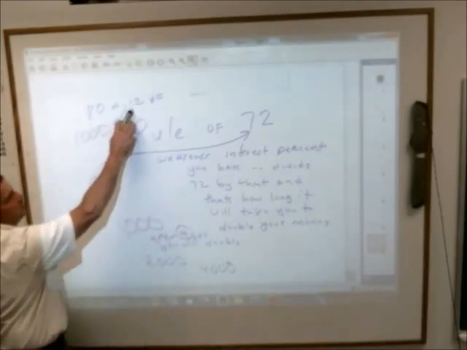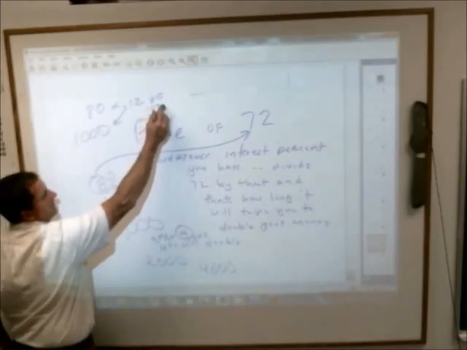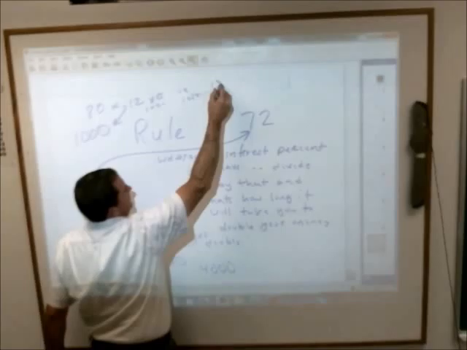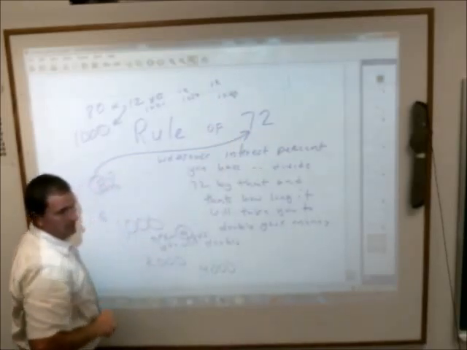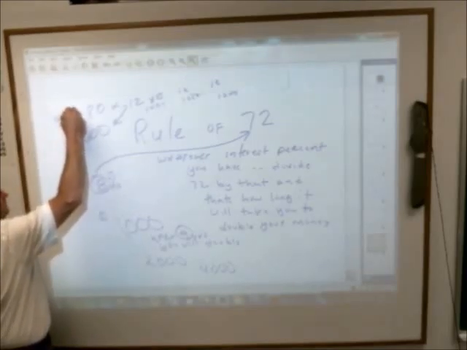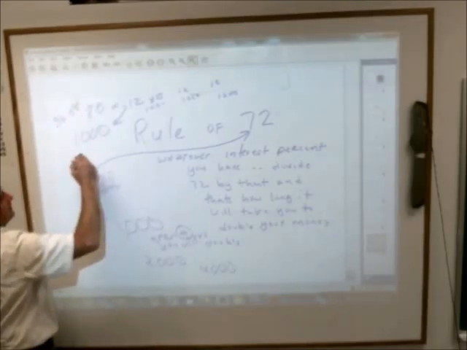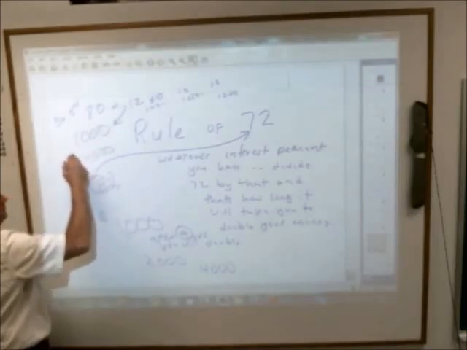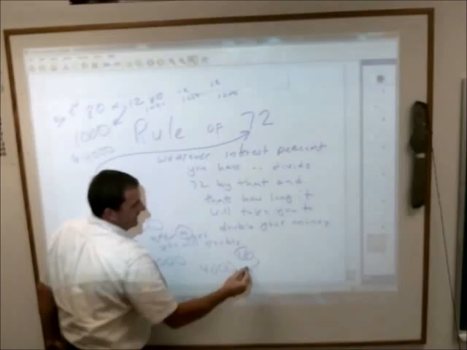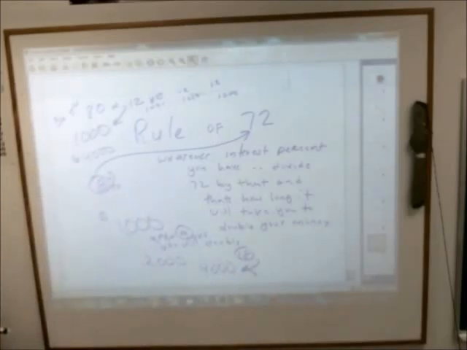Well, it takes me 12 years to get $1,000. It's going to take me another 12 years to get another $1,000, and another 12 years to get another $1,000. So it's going to take me 36 years at simple interest to get to my $4,000 mark, whereas it only took me 18 years at compound interest to get that.